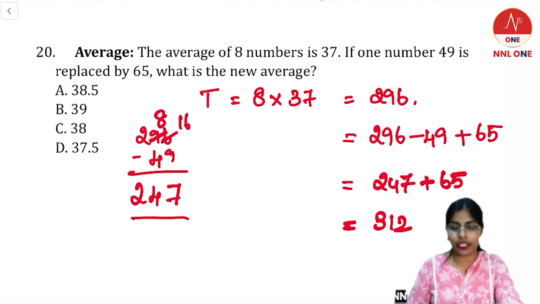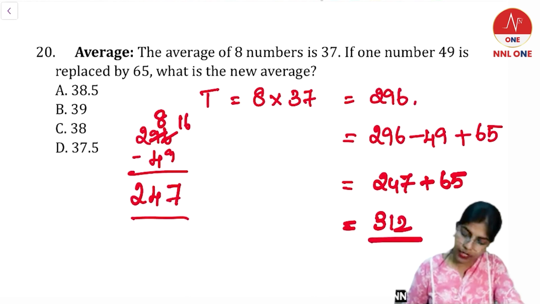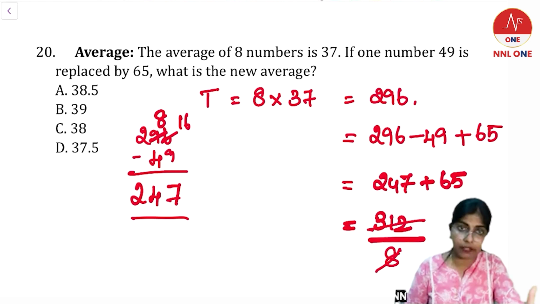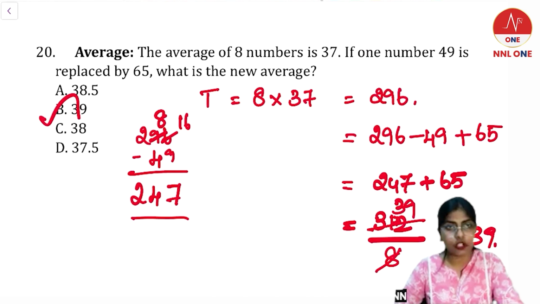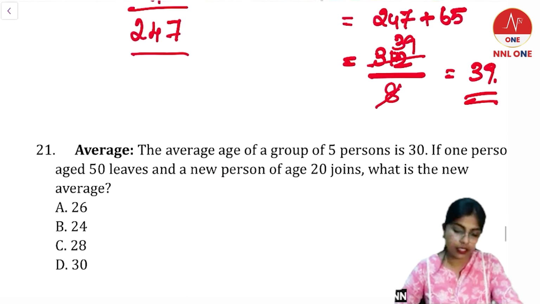Our target is to find the new average, so we are going to divide it by 8. 8 3s are 24, 8 4s are 32, remainder 7. 8 9s are 72. So the answer is 39. The answer for the 20th question is 39.